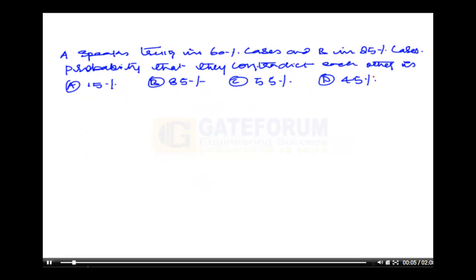Probability of A speaking truth is 60%. Let us say PA is equivalent to 60 by 100. That means 6 by 10, that is 3 by 5. Where PA dash will give you the probability that A does not speak truth.